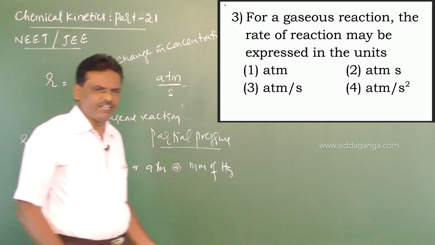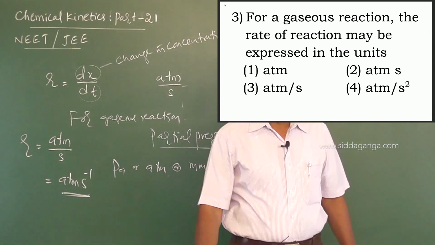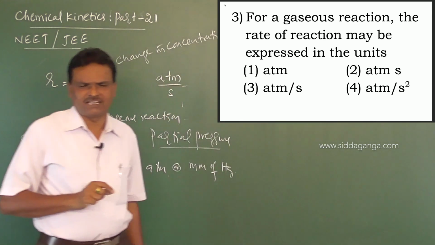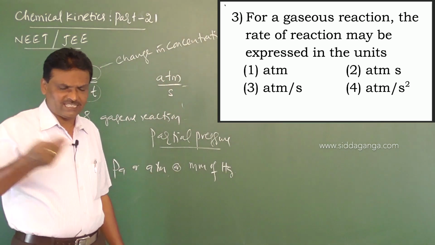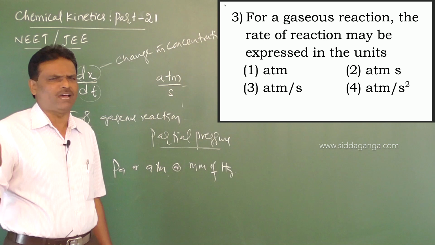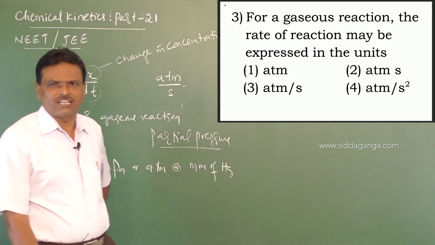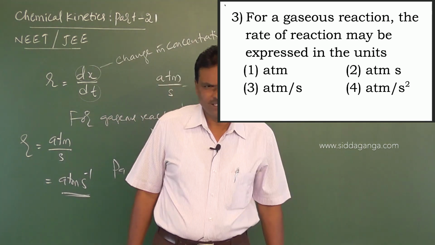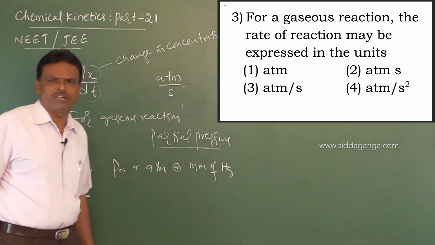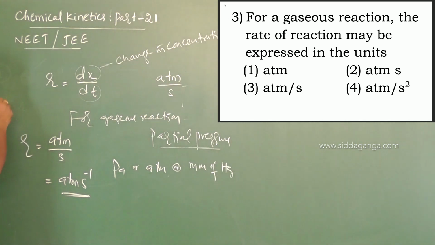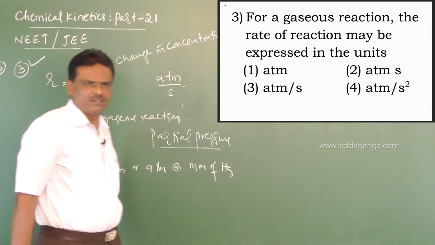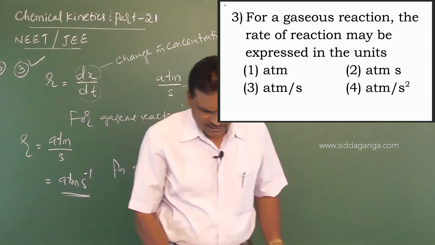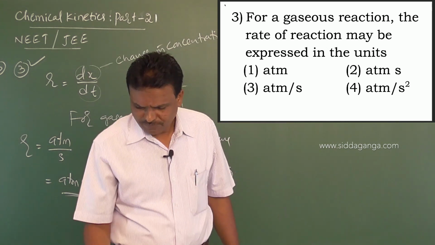So for a gaseous reaction, look, if it is in liquid state we say moles per liter, molar concentration. But for the gaseous state of reactants, when we say pressures, partial pressures, pressure can be expressed in terms of atmospheres, pascals, kilopascals. Is it clear? So for the third question, your option is the third one, atmosphere per second. Is it clear? Next question.